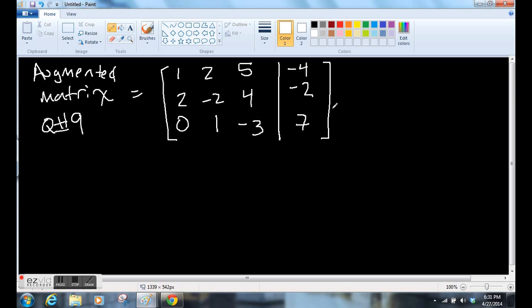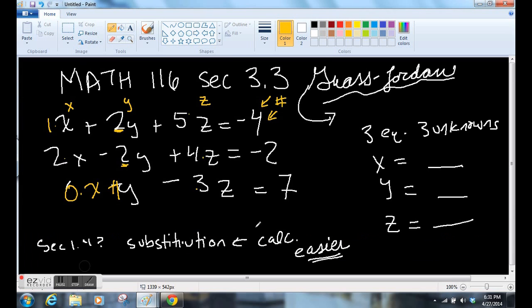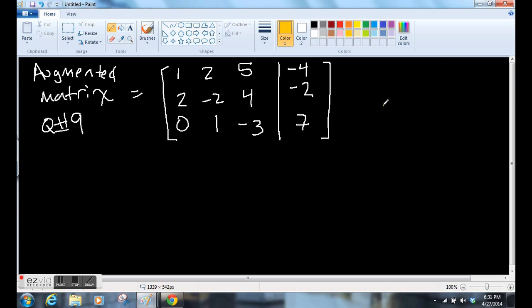So our goal for these problems, I know I told you the goal was to write x, y, and z. Yes, that is true. But in order to do that, if we can change this matrix through manipulation so that instead of 1, 2, 5 it looks like 1, 0, 0, and then a line and some number, this is our goal.